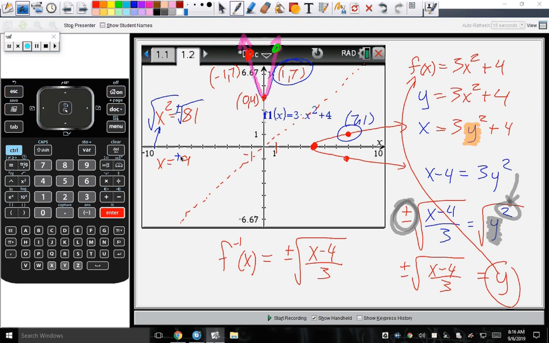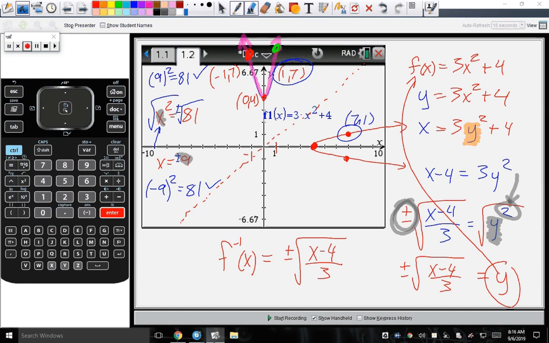So plus or minus 9 is actually the correct answer. Because if I were to plug a positive 9 back into my original equation here, I'd have 9 squared is equal to 81. That works. But if I also plugged in negative 9 in parentheses, that too would work. So you're going to have two answers, not just one.